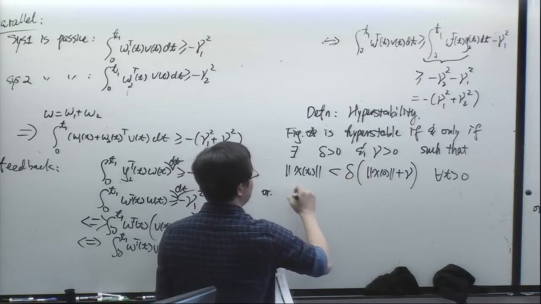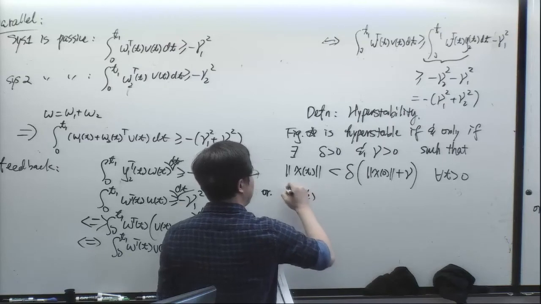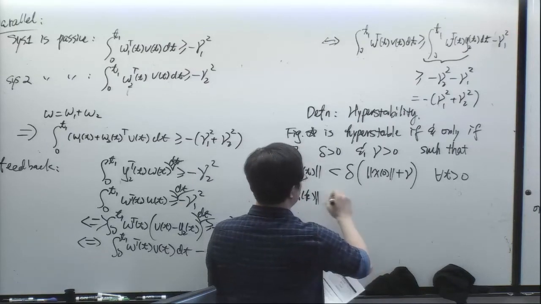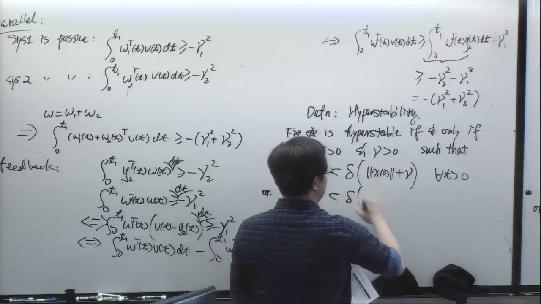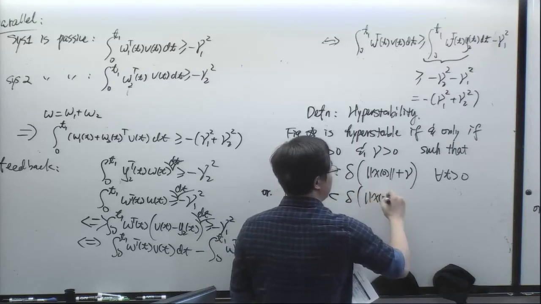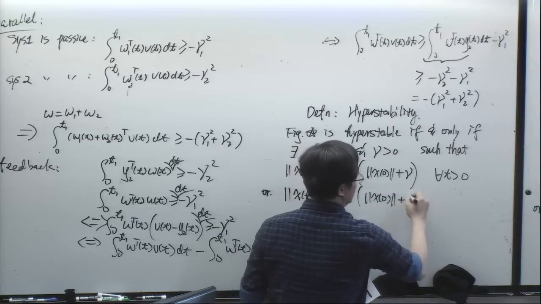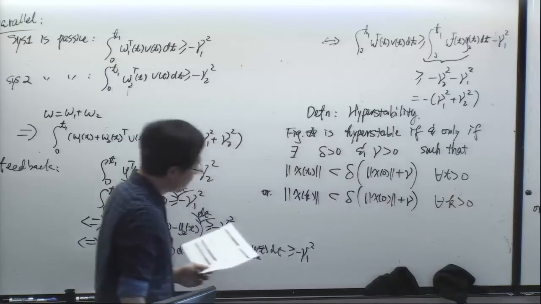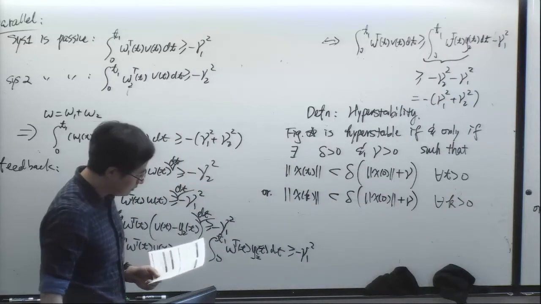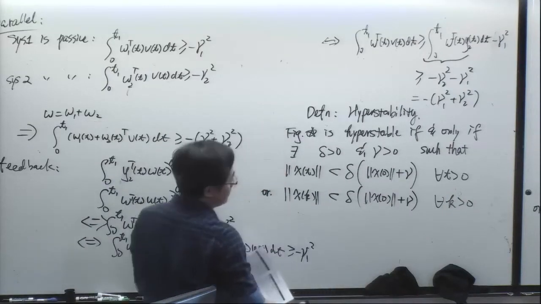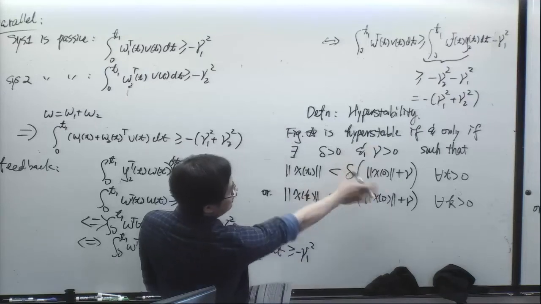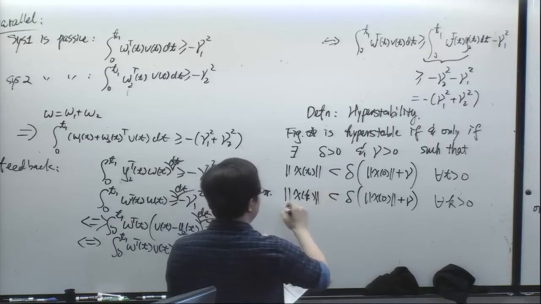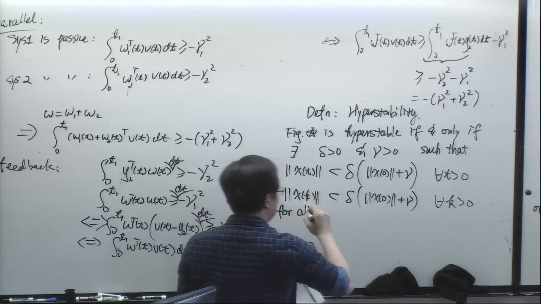For the discrete time case, we have a similar concept with just the difference in the notation for the state. All right, so this is hyperstable. The state is going to have this condition, and then this is for all.